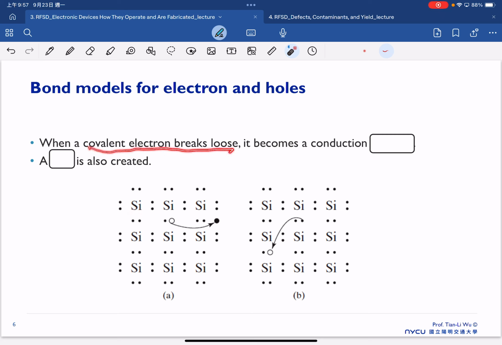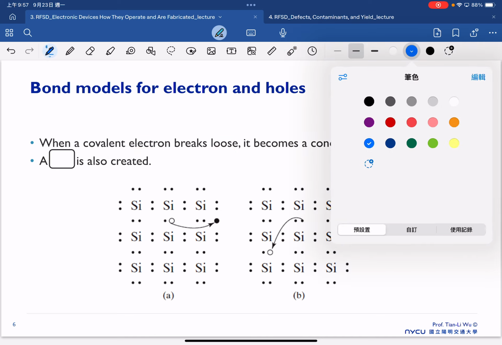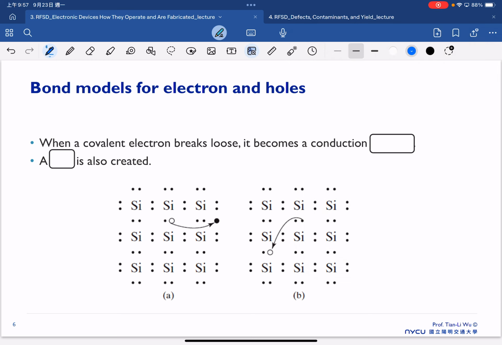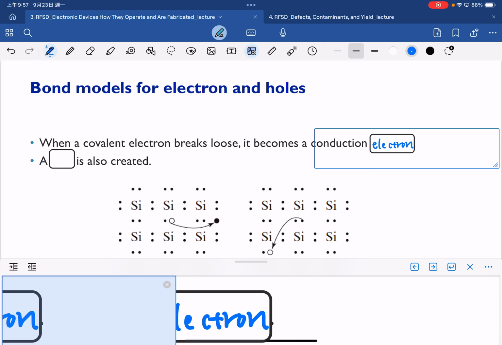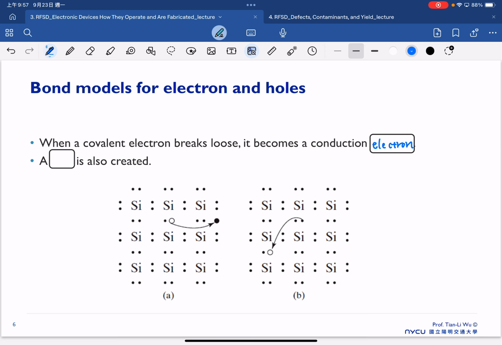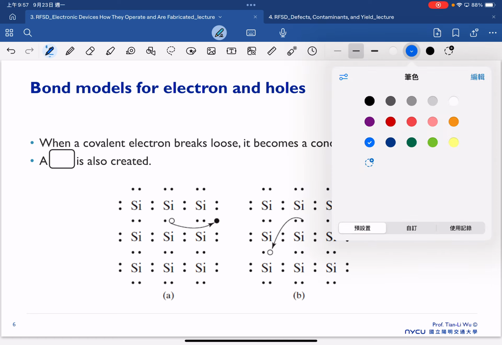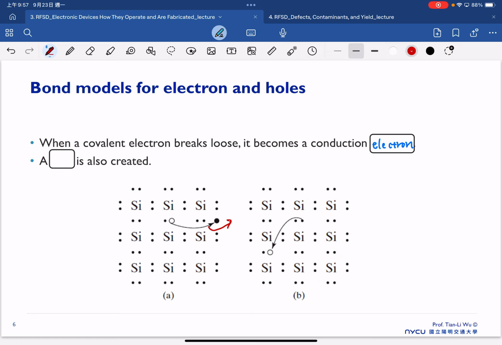But once the covalent electron breaks, we start to have a conduction electron. Assuming here, this electron can start to move because of the breaking of the bonds.